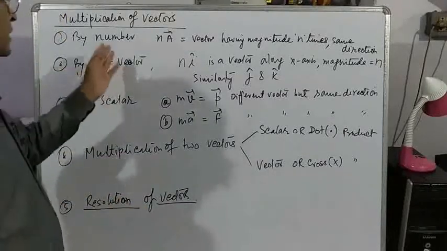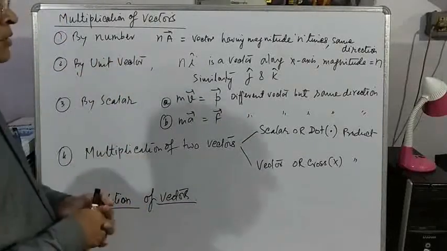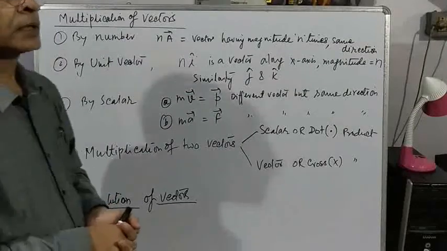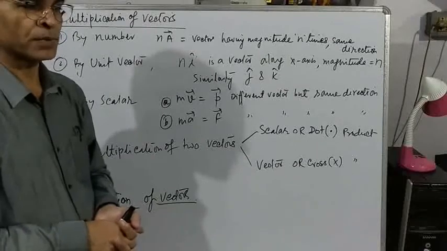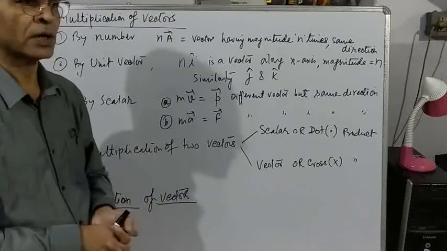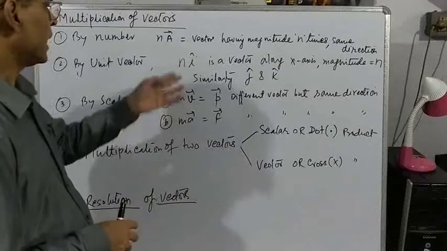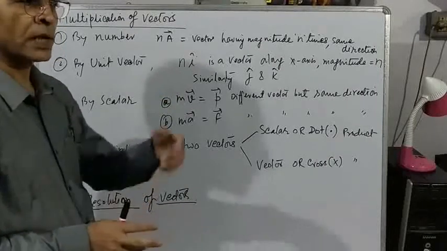Second, by unit vector. Unit vectors are normally multiplied to introduce direction. Suppose a vector quantity of magnitude n is along the x-axis.